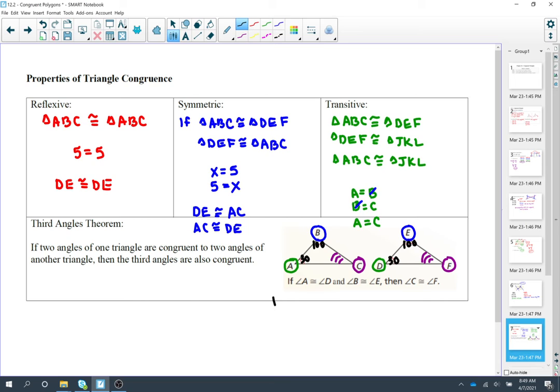So if I take 100 plus 30, right now I'm sitting at 130 degrees. So in order to get up to 180, I know that this one has to be 50. Well, it's also true in DEF because 100 plus 30, we already have 130 degrees over here. So I would also have to add 50 to get to 180. So those last two angles must be congruent.